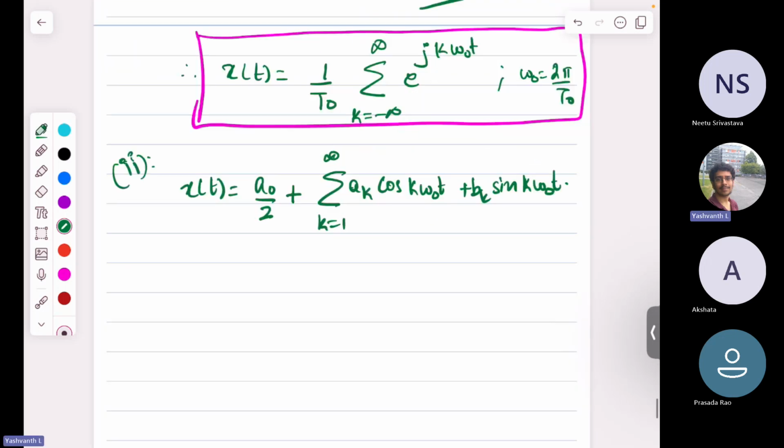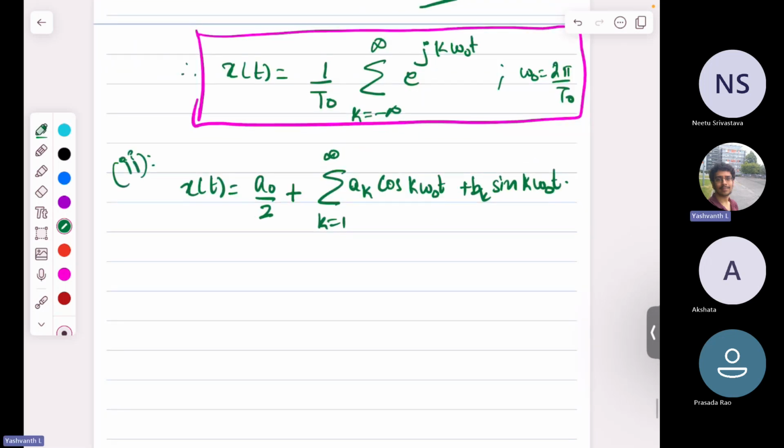This was the expression for your trigonometric Fourier series, where ak is nothing but 2 by T naught integral from minus T naught by 2 to plus T naught by 2, that is, integration over one period, of x of t cos k omega naught t. That was my expression for ak.